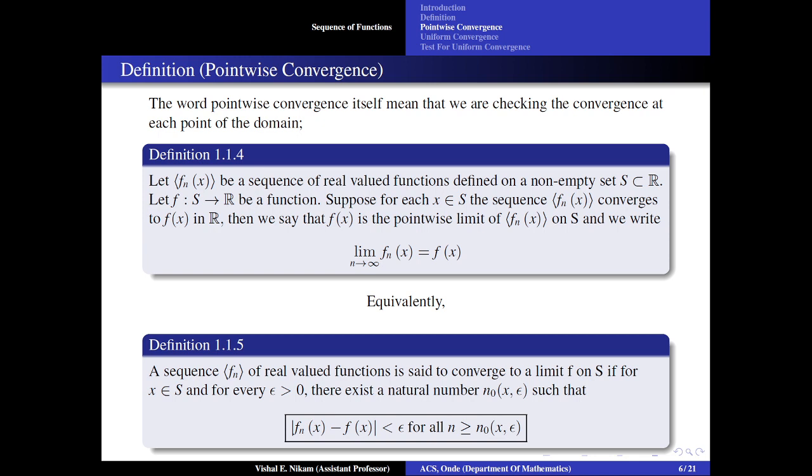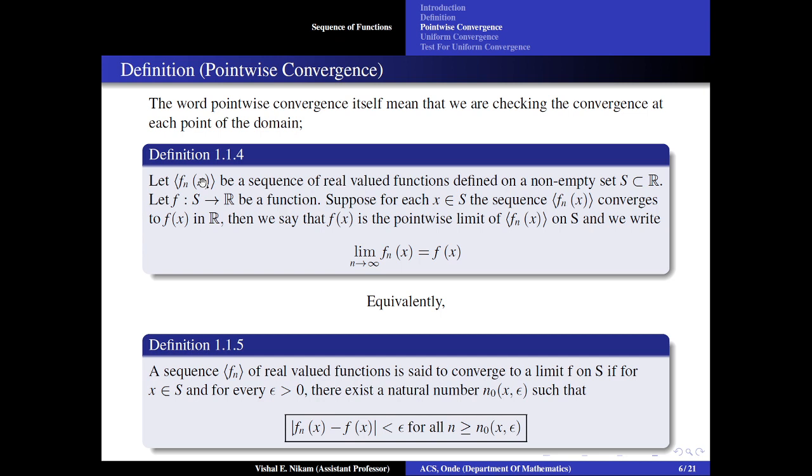If I fix this point x, then f_n(x) depends only on n. So it is a sequence of real numbers, and we can easily calculate the limit of the sequence as n tends to infinity, or by some mathematical rules, and we get the limit for that particular x.